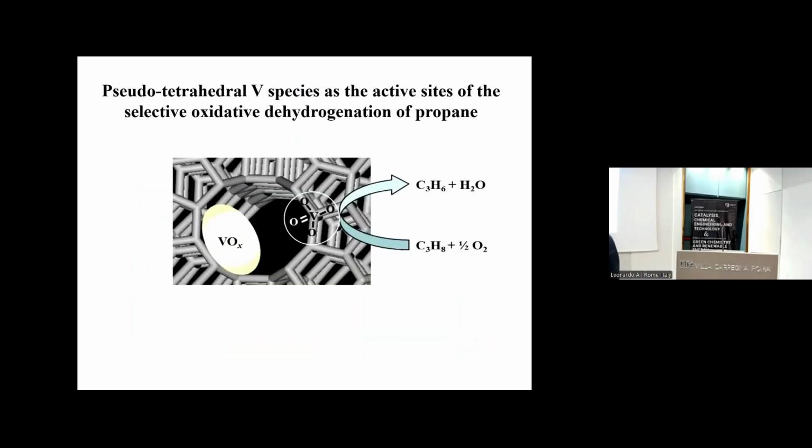Now we can show that this mononuclear vanadium species incorporated in the framework position is the active site of propane dehydrogenation to propene, but not the polynuclear vanadium species.